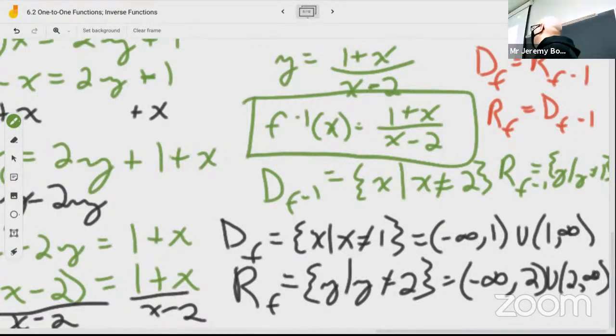A common mistake is that people put x for the range because they look at that one and go, oh, that one's x, and they put x. But remember that range is in terms of y. It's your y value. Switch it to the y. It's telling you what value to take away, but you need to determine that it's the y value, not the x value. Any questions on that?